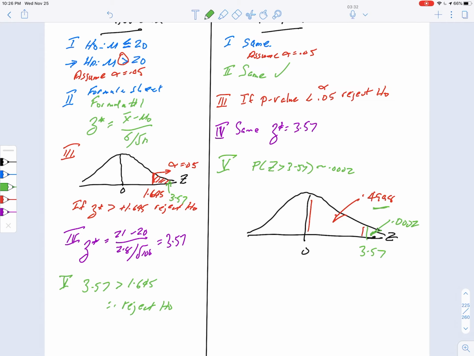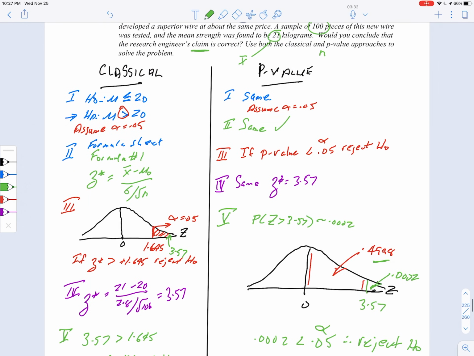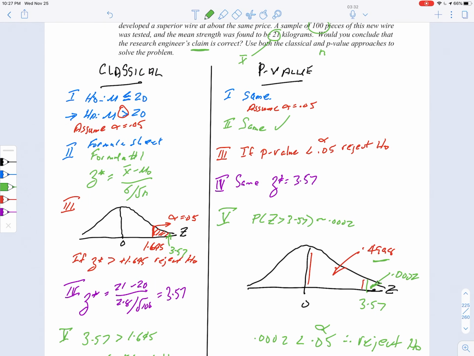So that p-value then is 0.0002. It's actually less than that, because that was the last number on the table. So it's about 0.0002. So what we have here then is the 0.0002 is less than your alpha 5%, therefore reject H0.